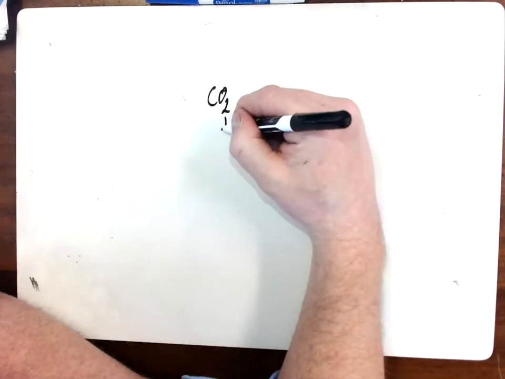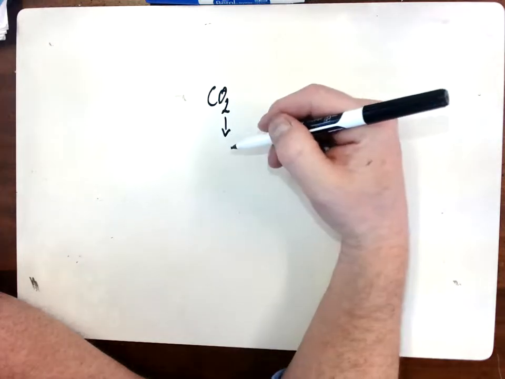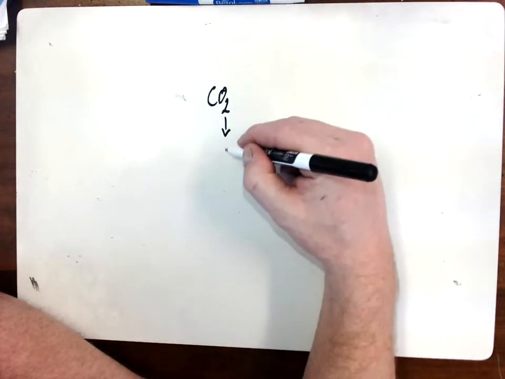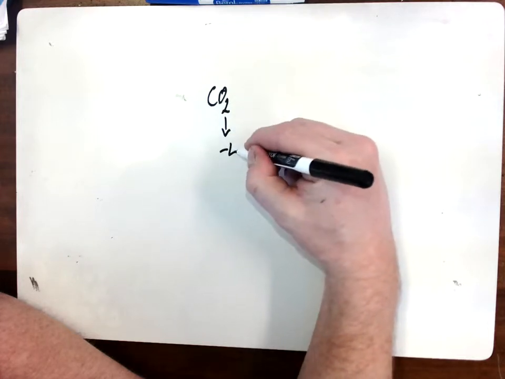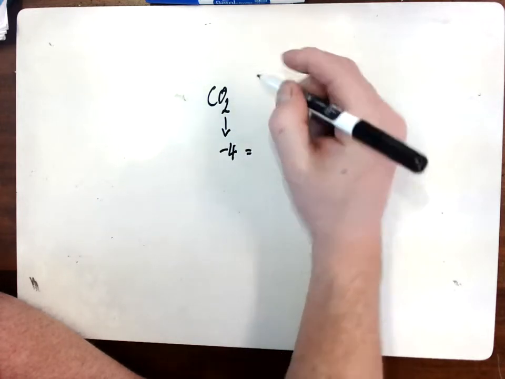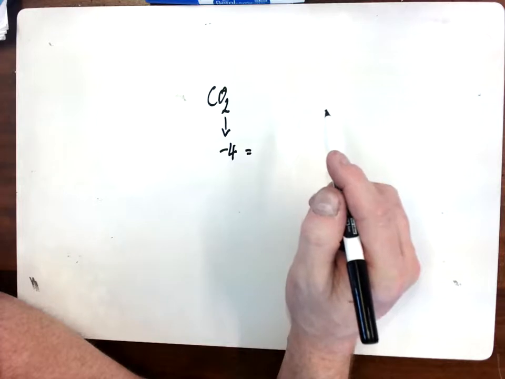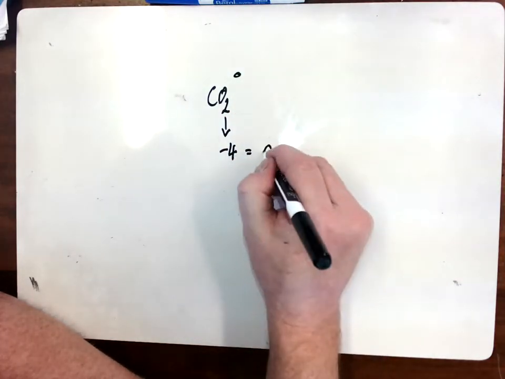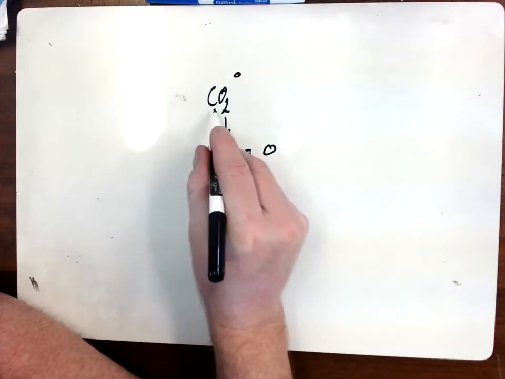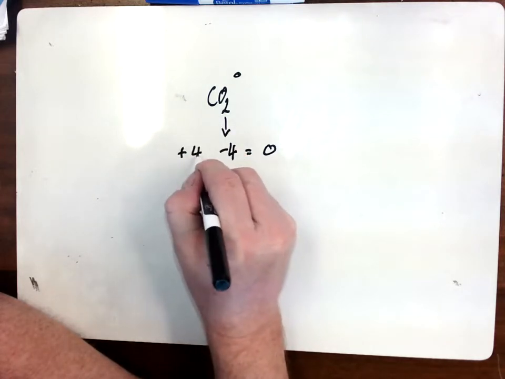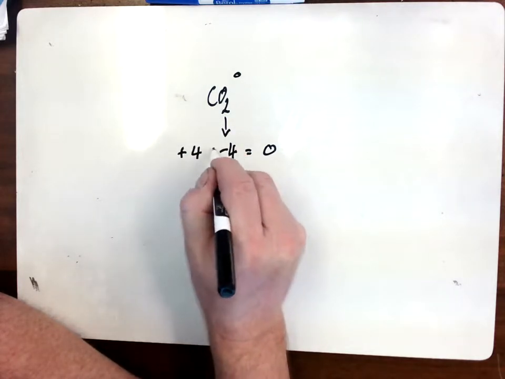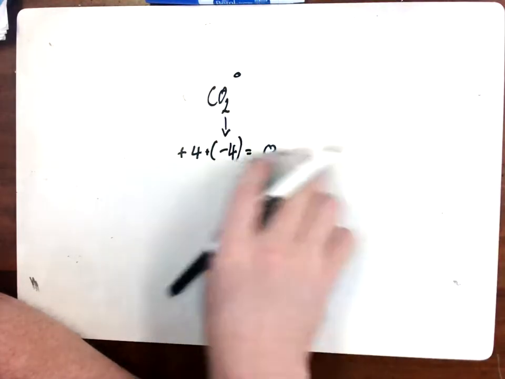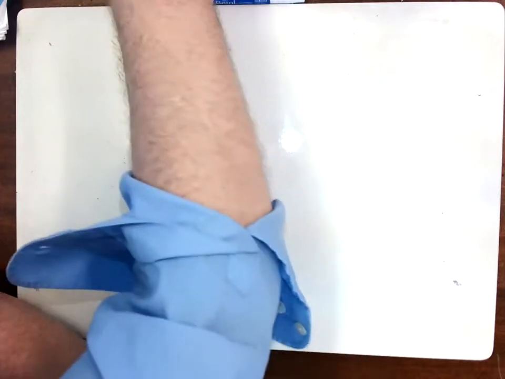We haven't come across this rule yet, but oxygen is always -2 except when it's with fluorine, so it's -2 in this instance, and there are 2 of them, so it's a total of -4. The sum of the oxidation states is equal to the charge, which is 0 in this one. So the carbon, there's only one carbon in here, must have an oxidation state of +4, because +4 plus the -4 gives us 0.